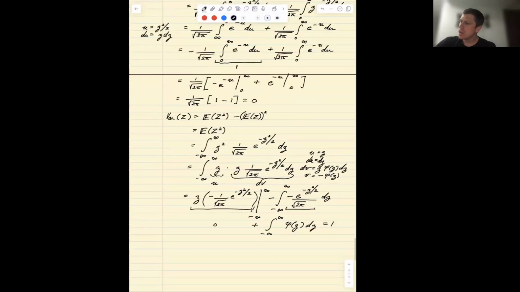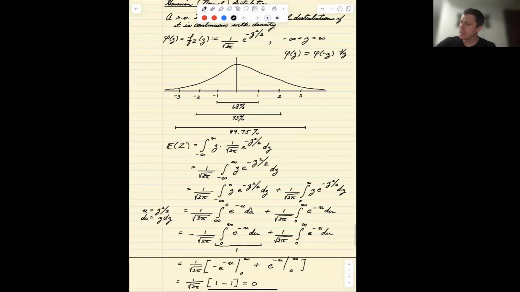Okay, so when we look back up here, what this is saying is that in the Gaussian, the random variable is within 1 standard deviation of its mean. The mean is 0, standard deviation is 1. So within plus or minus 1 is 1 standard deviation of the mean, then 2 standard deviations, 3 standard deviations.